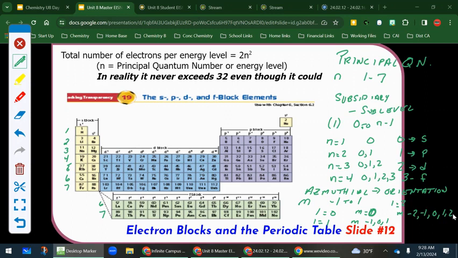Okay? Now, I am not expecting you to memorize them. I don't expect you to understand them. I'm not going to ask you about what axis they are. But what you do need to understand is there is one orientation of an S, always. One, meaning it can hold 2 electrons.